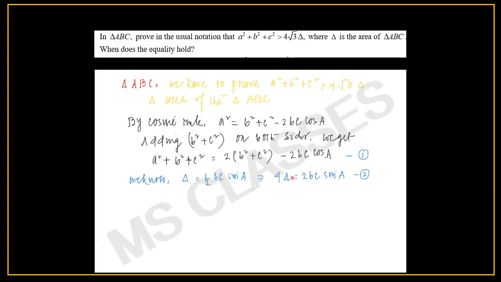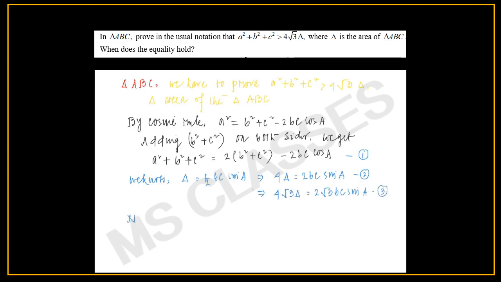So if we can show that the difference of these two is greater than 0, then also we are done. But for that, we need here 4 root 3, which we don't have here. But for 4 root 3, we just multiply on both sides by root 3. So 4 root 3 times the area will be twice root 3 bc sine A, which we take as equation 3.